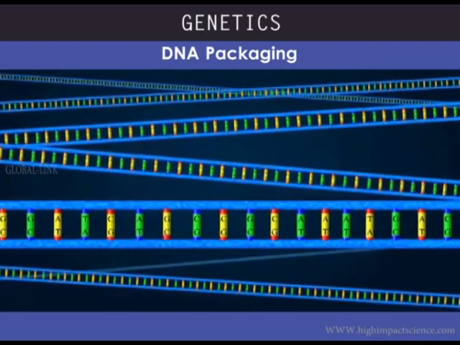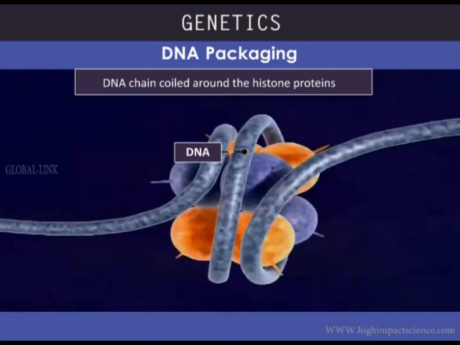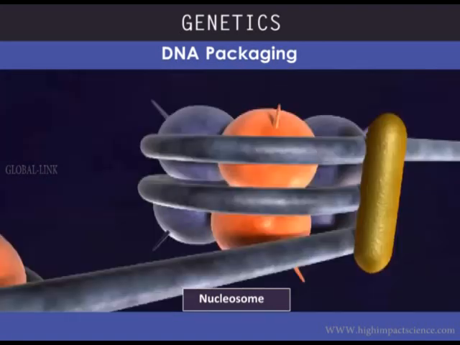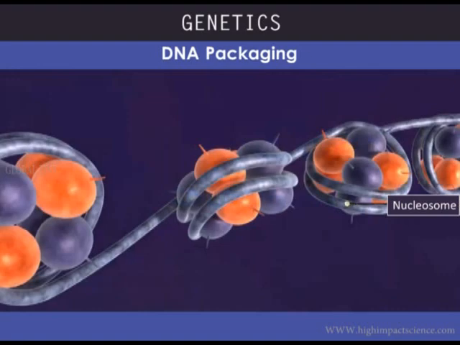Each strand is then wound around proteins called histones to form structures called nucleosomes, which is held in place by a protein called H1 histone. A typical nucleosome has around 200 base pairs. The nucleosomes appear as bead-on string structures.